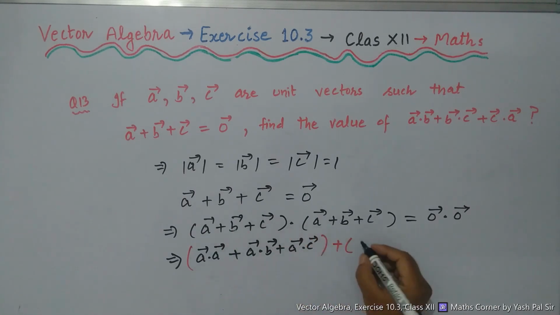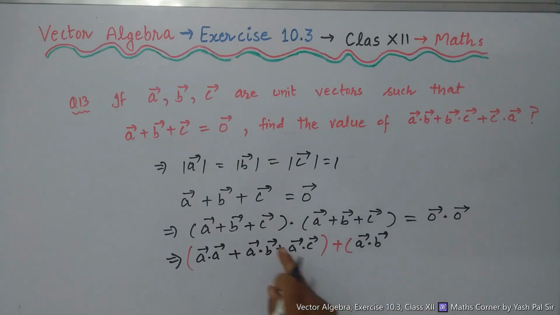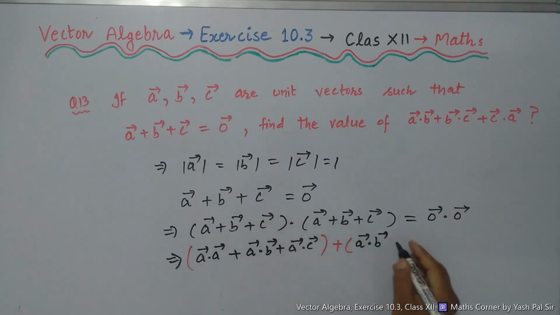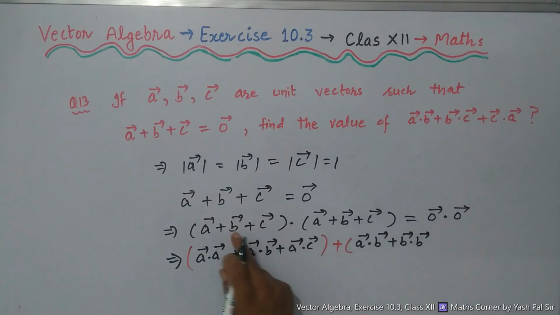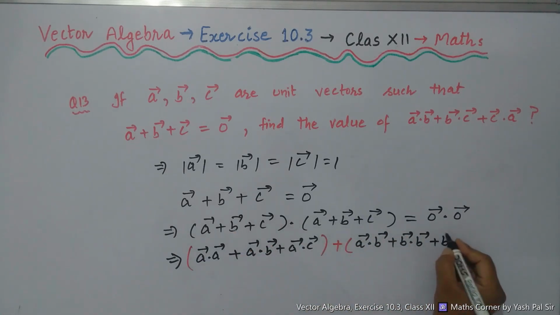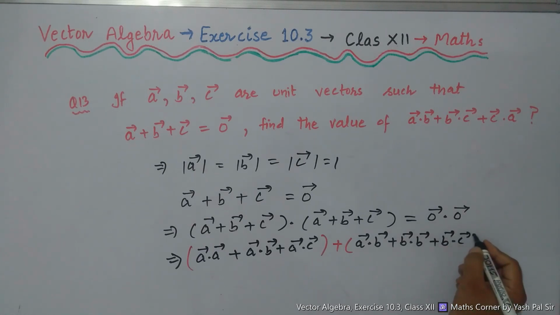B dot A, which can also be written as A dot B, B dot B plus B dot C. So this is the second bracket.